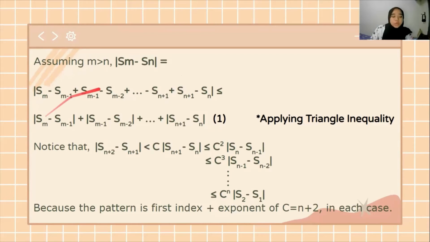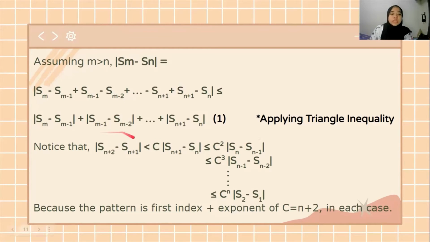From this we will apply the triangle inequality. So we will get modulus Sm minus Sm minus 1 plus modulus Sm minus 1 minus Sm minus 2 plus, until the end of the sequence, modulus of Sn plus 1 minus Sn. So this equation will be equation 1.